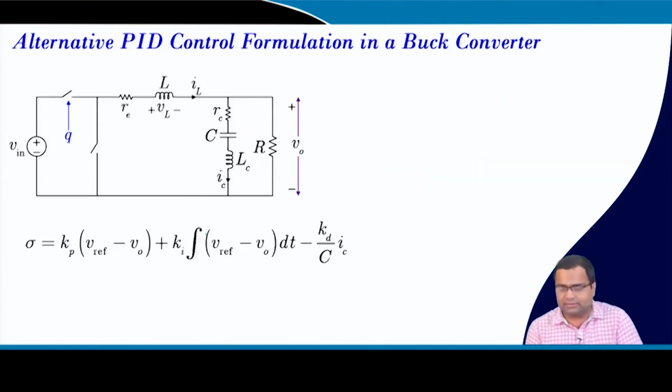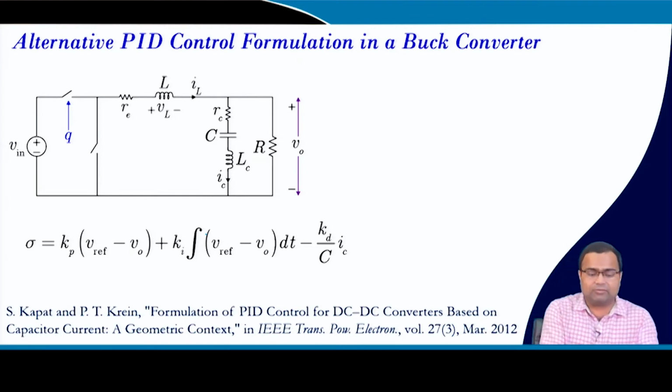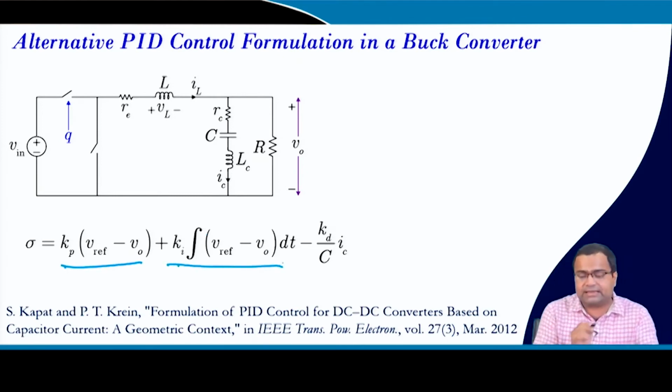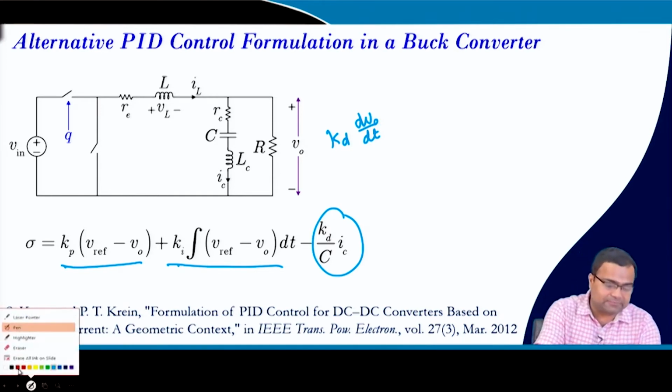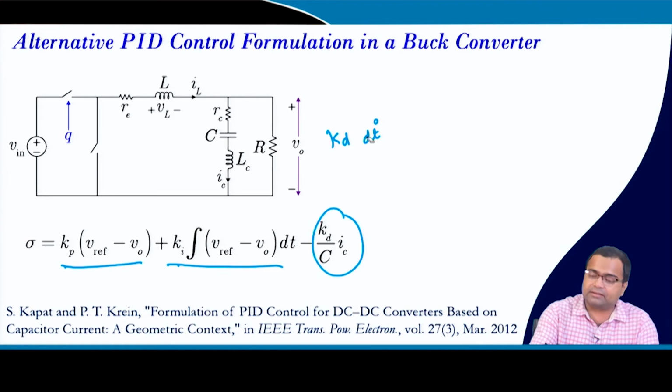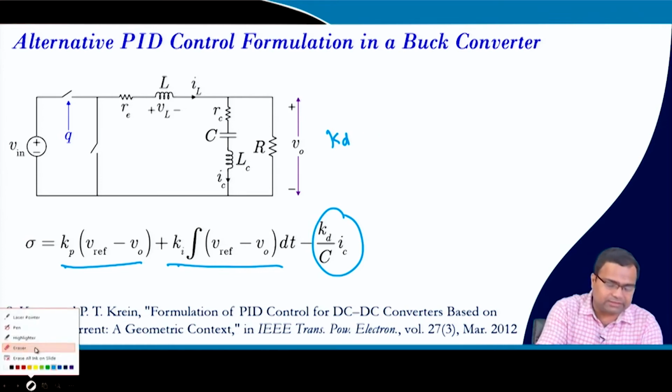So, an alternative way: we keep the proportional and integral the same, but for the derivative, which was Kd dV0/dt, we have taken the derivative part because our error voltage is this.